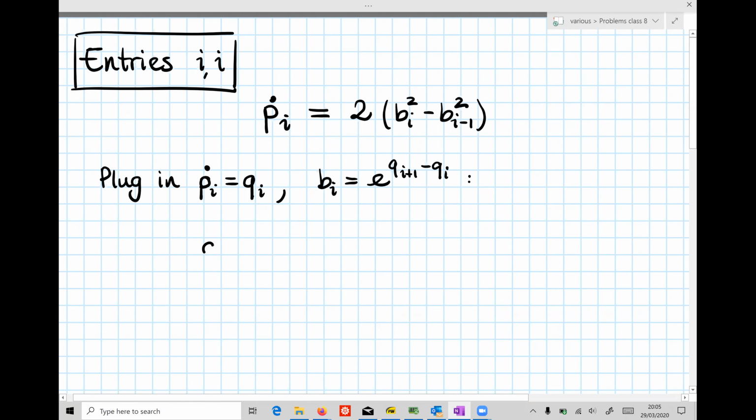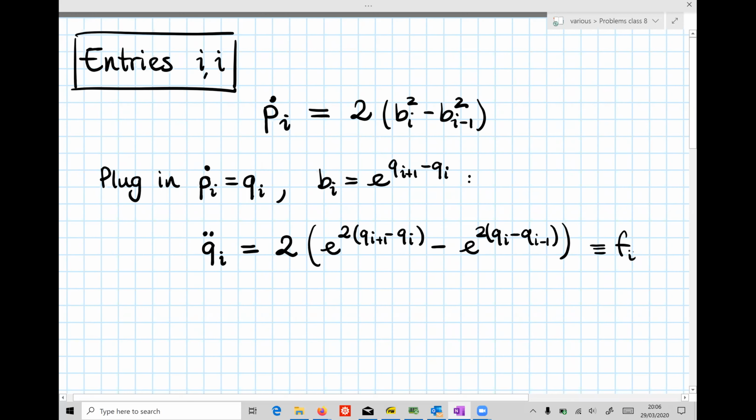So what you obtain is that the left-hand side is Q_i double dot, so that's acceleration. And on the right-hand side, we'll get the force F_i. That's 2 times b_i squared, so that's exponential of 2 times (Q_{i+1} minus Q_i), minus the square of b_{i-1}, so that's exponential of 2 times (Q_i minus Q_{i-1}), which we identify with the force F_i of Q.